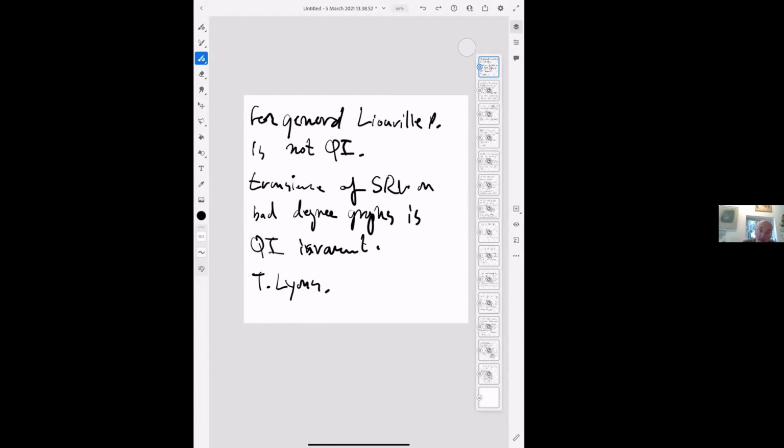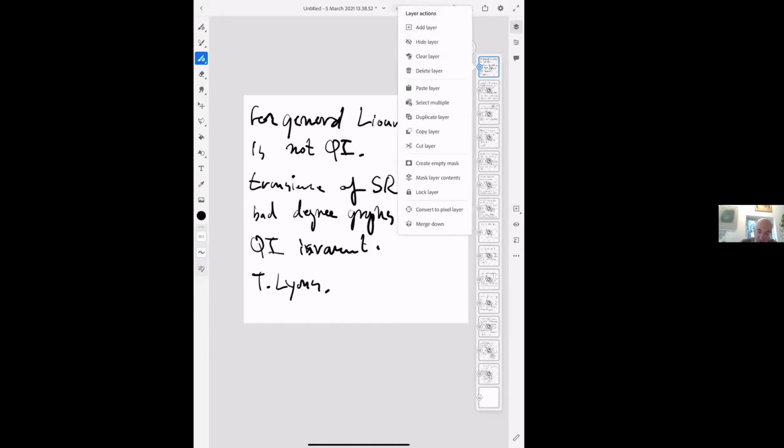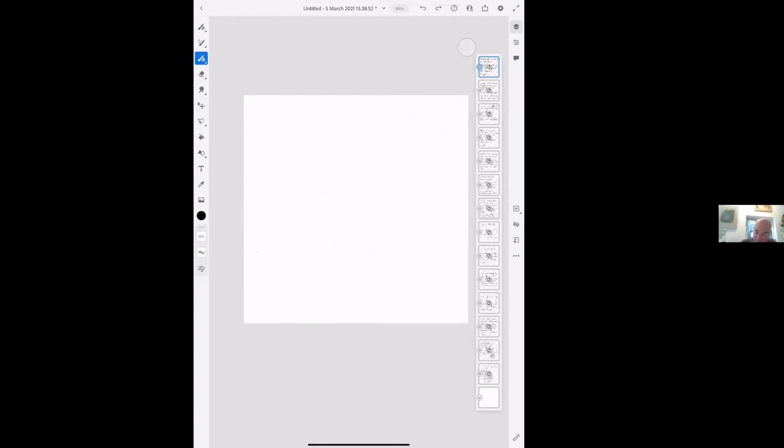I want to entertain you. At least you will see something entertaining in the talk. I want to show you a cute, very easy example of a general graph, which is unfortunately very far from a Cayley graph, for which the Liouville property is not a quasi-isometry invariant. So the example will be like this.